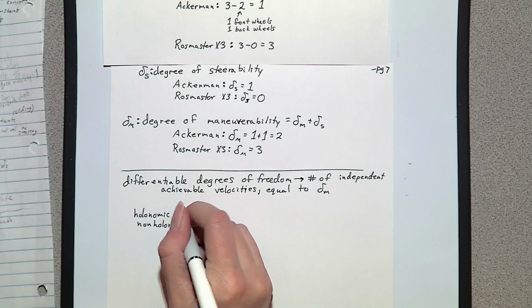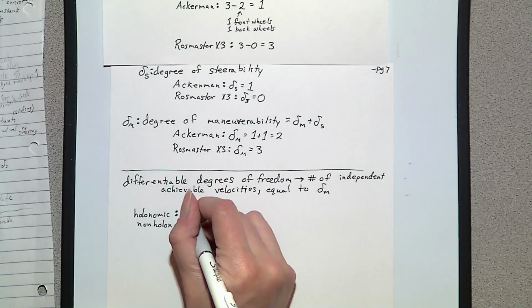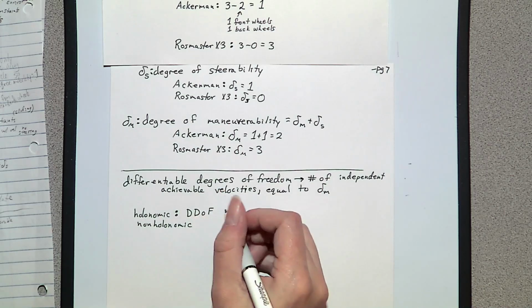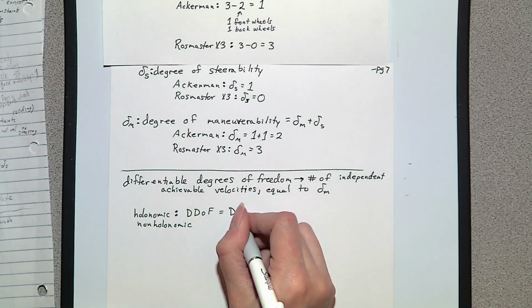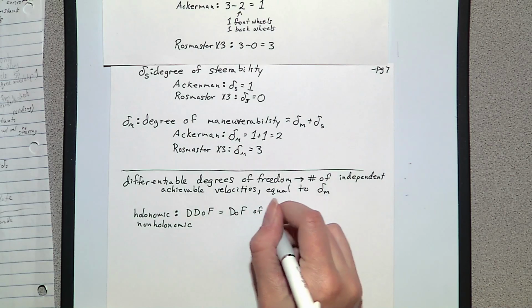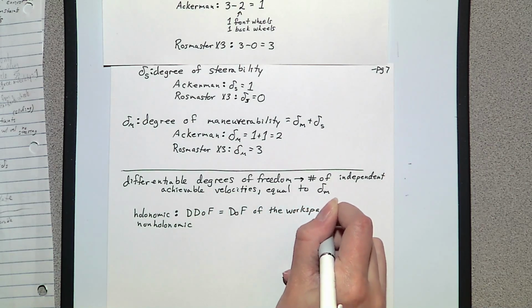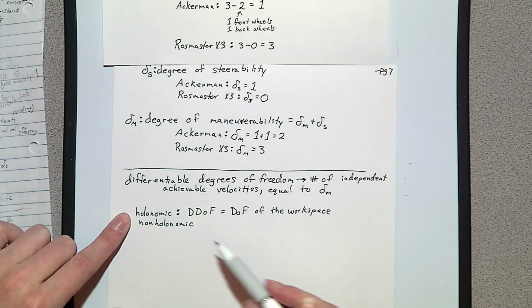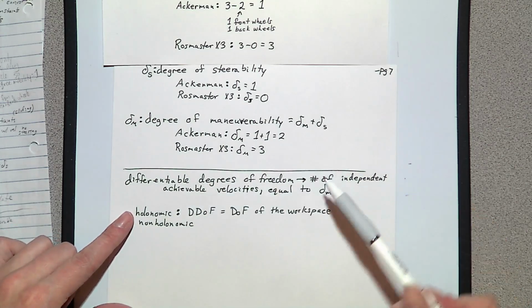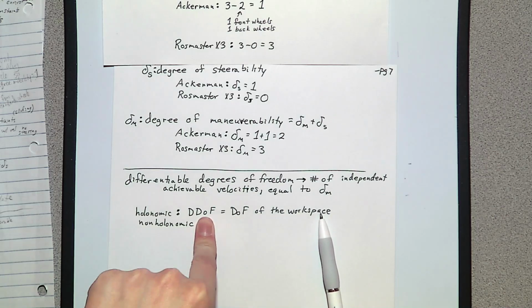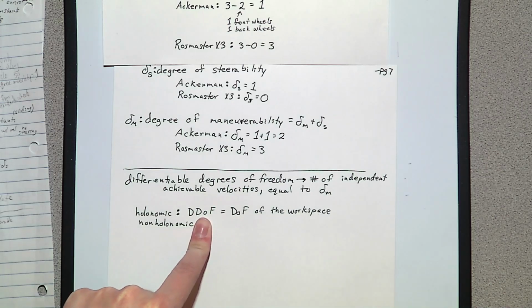For a robot to be holonomic, the differentiable degrees of freedom is equal to the degrees of freedom of the workspace. And so our omnidirectional robot is holonomic because our workspace is 3 degrees of freedom and our differentiable degrees of freedom is also 3.